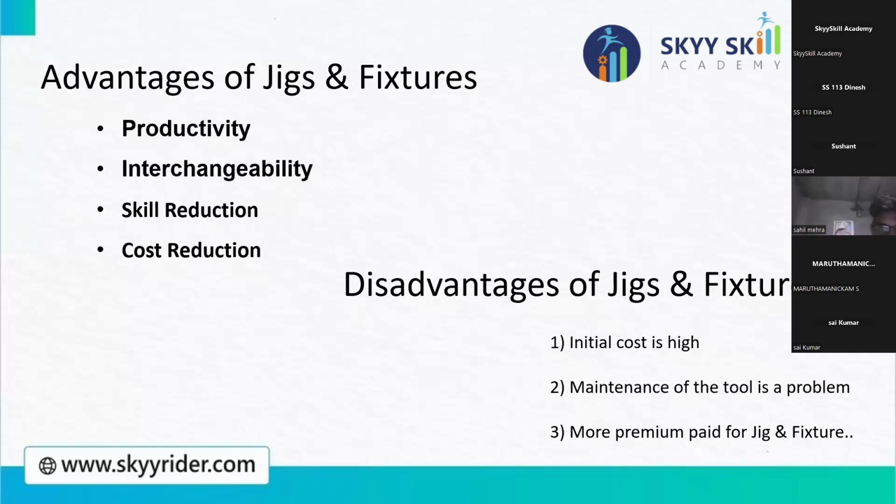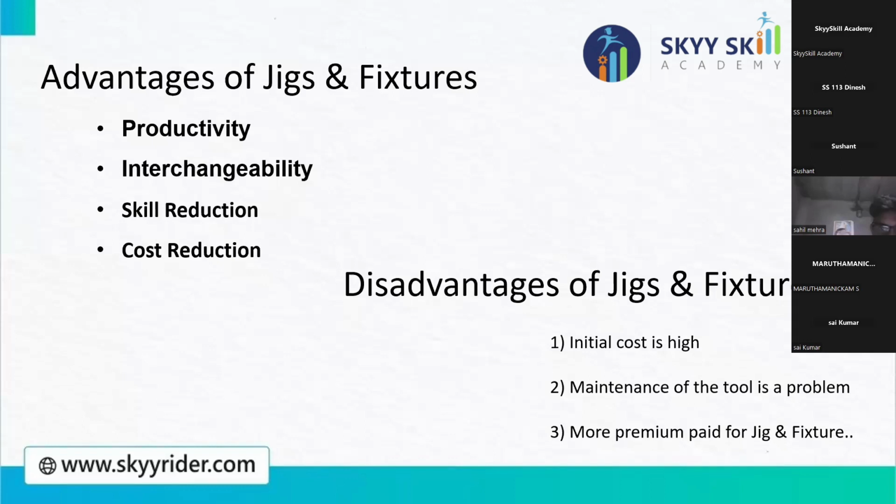Due to interchangeability, there will be easy assembly, and there should not be any work delay. You can reduce the inspection cost as well. So overall, it always improves the final cost, because at the end of the day, the customer always wants the lowest price. Because of the competitive world, everything is very challenging. So these are some advantages.